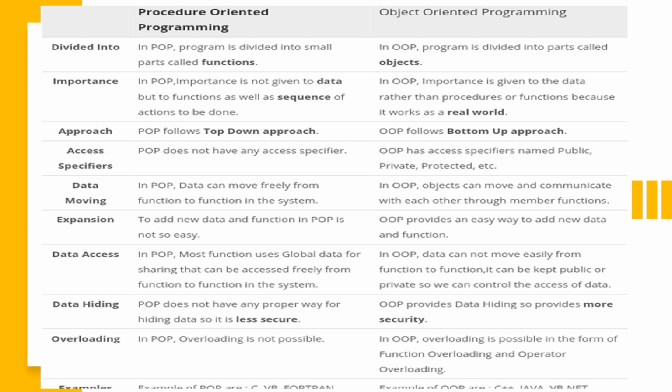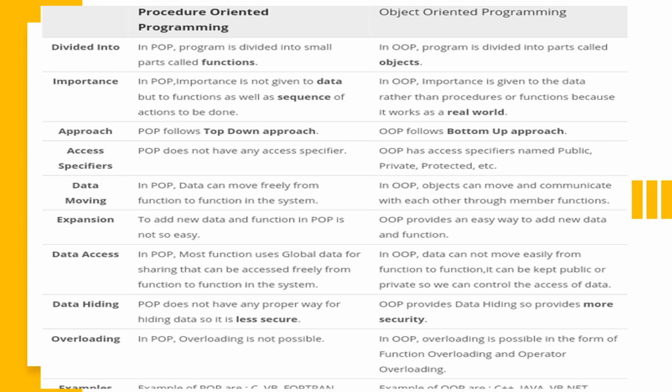In procedure oriented programming, the importance is given to function, not to data. Whereas in object oriented programming, the importance is given to data and no importance is given to function. When the object oriented concept comes, you will understand why data is very important, because it works like the real world.